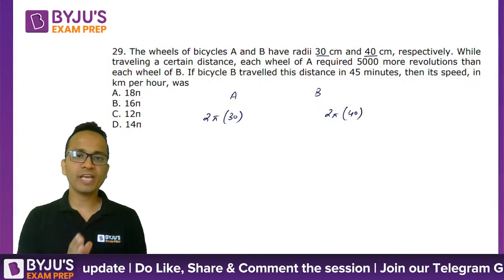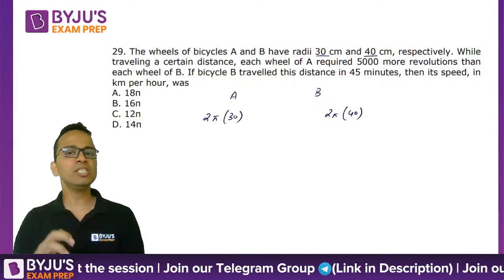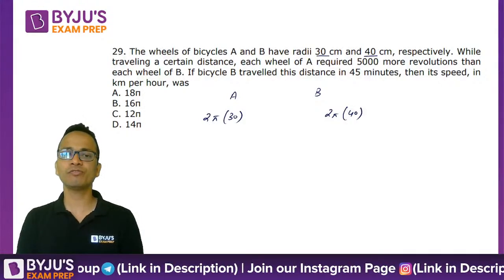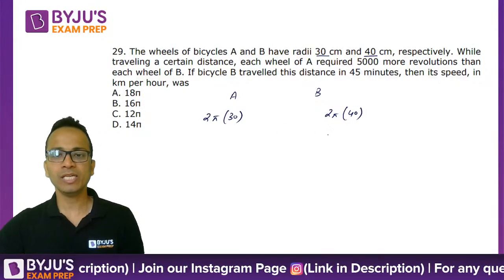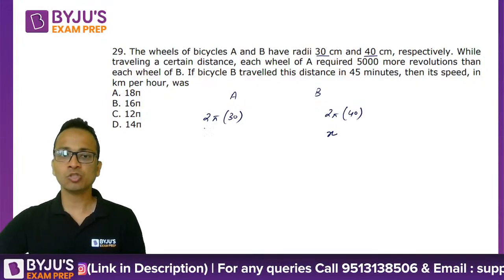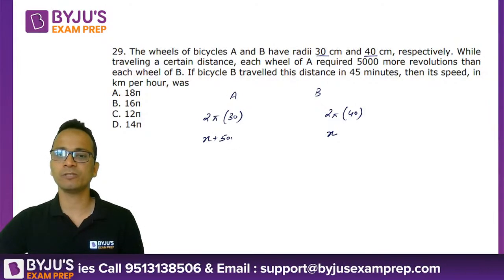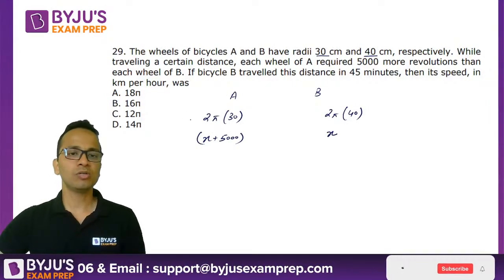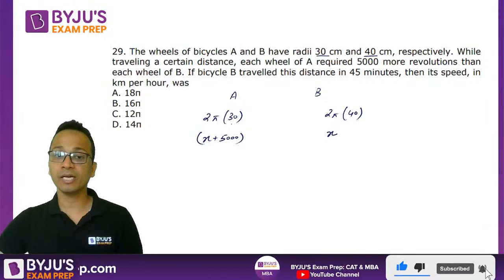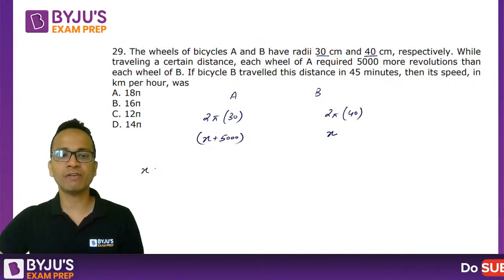Each wheel of bicycle A, उसका each wheel required 5,000 more revolutions than each wheel of bicycle B. So let's say bicycle B, total number of revolutions is X. So bicycle A का number of revolutions will be X plus 5,000. Okay, so in one revolution, bicycle A travels 2 pi into 30. So in X plus 5,000 revolutions, it will travel.